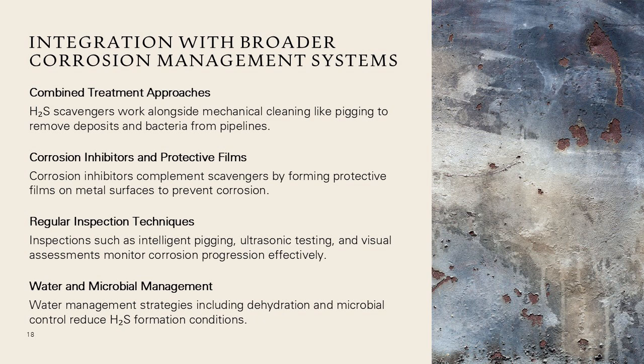Corrosion inhibitors may be added to form protective films on metal surfaces, complementing scavenger action. Regular inspections, including intelligent pigging, ILI, ultrasonic testing, and visual assessments, provide insight into corrosion progression and help validate scavenger performance. Water management strategies such as dehydration, separation optimization, and microbial control further reduce the conditions that promote H₂S formation.